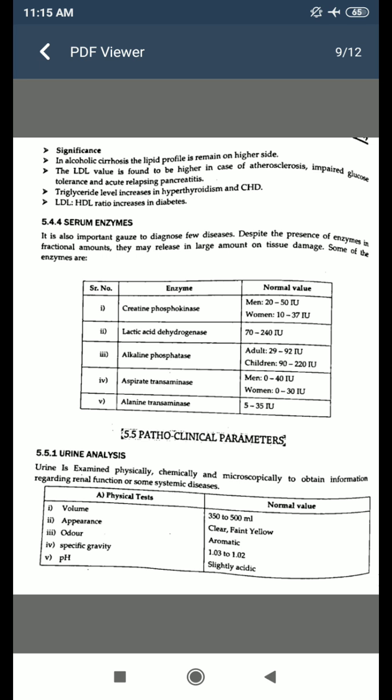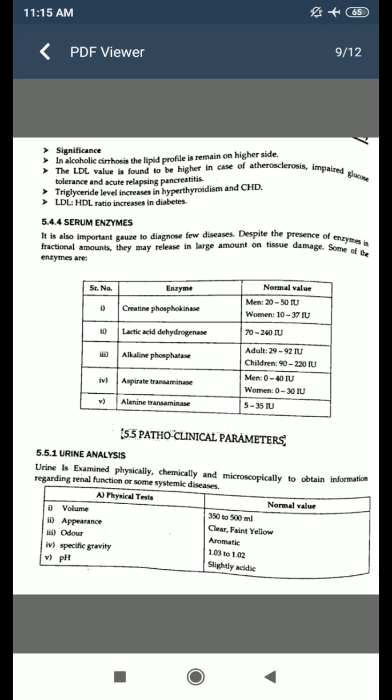The enzyme creatine phosphokinase: normal value is men 20 to 50 IU and women 10 to 37 IU. Lactic acid dehydrogenase 70 to 240 IU.